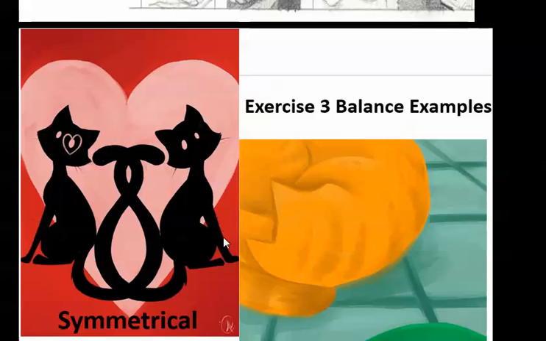Again, we see overlapping, not only of the heart, but of their tails. That makes it very interesting, and they've created these fantastic negative shapes within the tails, and they've also created negative shapes by running things off the edges and blowing things up, making them large.